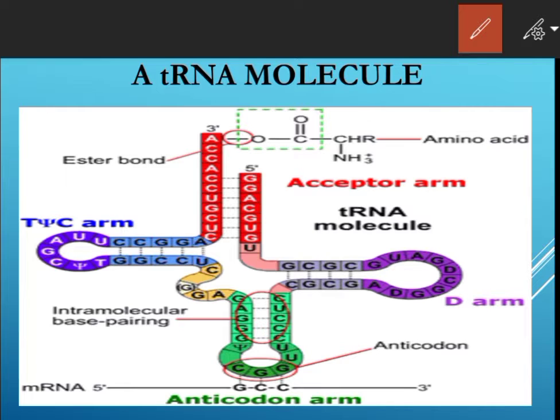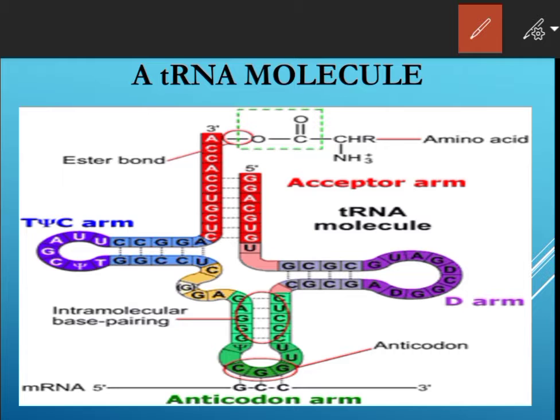The presence of an adapter molecule which could read the code and would bind to specific amino acids during translation was proposed by Francis Crick in 1961. tRNA was known before genetic code and was called sRNA, that is soluble RNA, but later its role as an adapter molecule was reported.